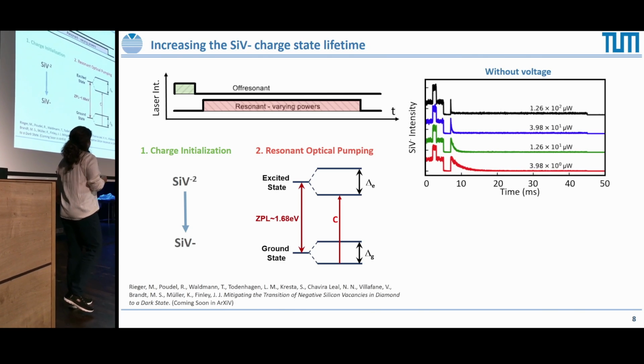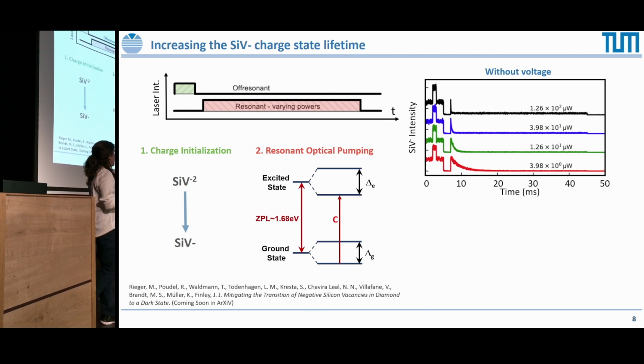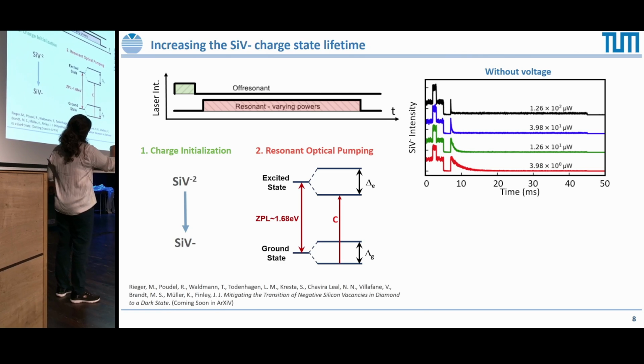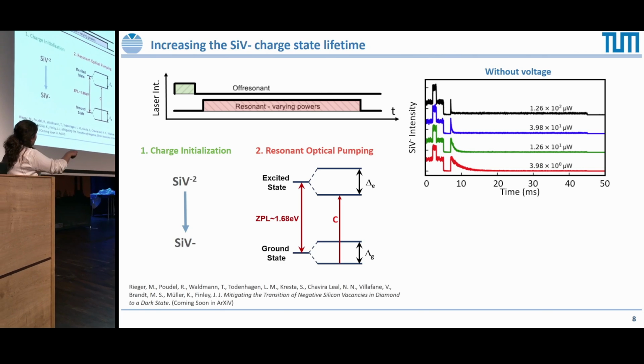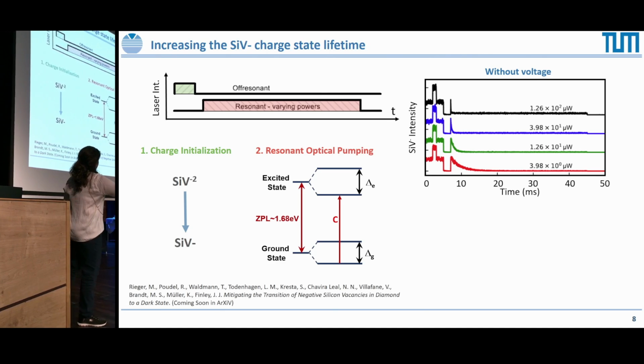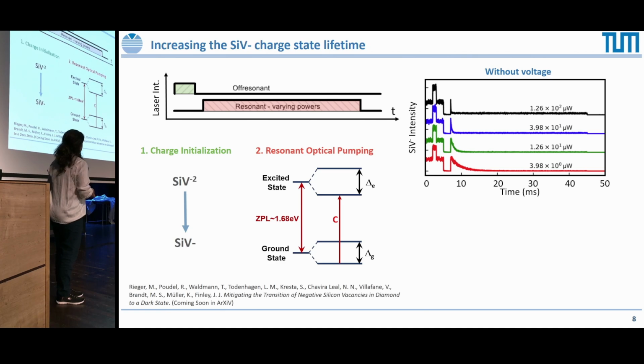If we do this and just measure how the PL looks as a function of time, as I'm showing you here, this is the green laser initializing our SiV. Then we stop the green laser and start shining our resonant laser on the C line. What you can see is that the PL quickly decreases until it's 0, meaning that no matter how much power we use, after a few milliseconds we just lose the electron. So we cannot play with the spin for long times.